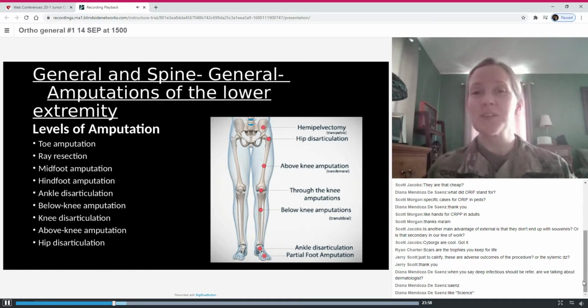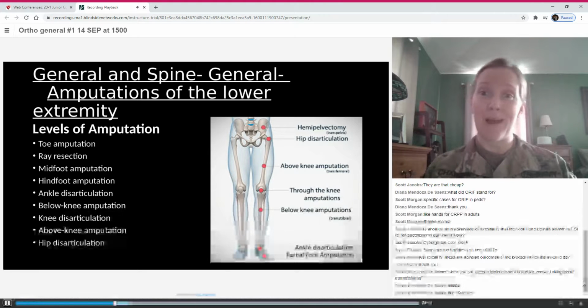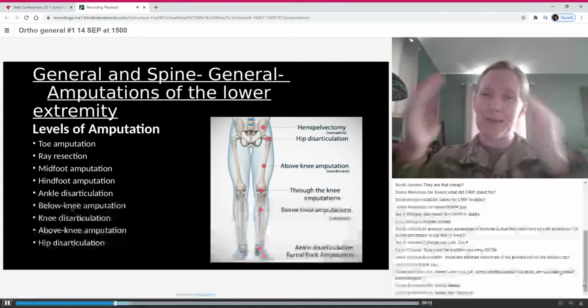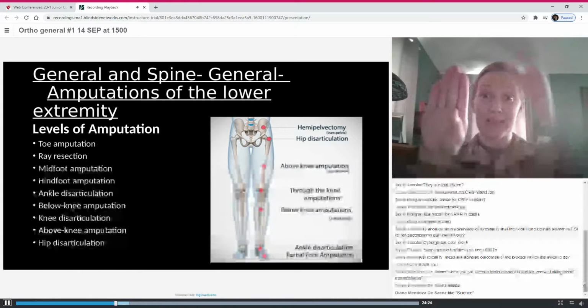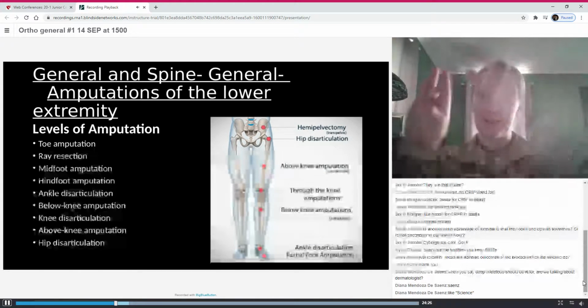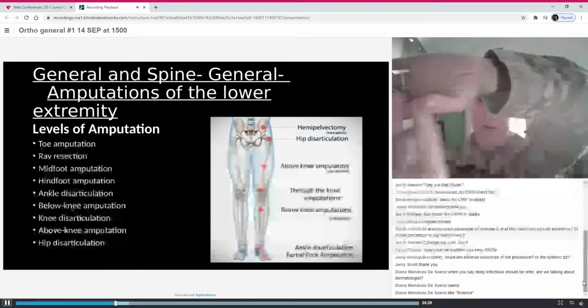Some reasons that we would do that: if it were crushed beyond repair, that would make sense. Occasionally, an infection like osteomyelitis, or a bone infection, may be a good reason to do a toe amputation. Now, toe amputations in anything other than toes 1 and 5 are really weird because the rest of the toes fold in around that space where the toe used to be.